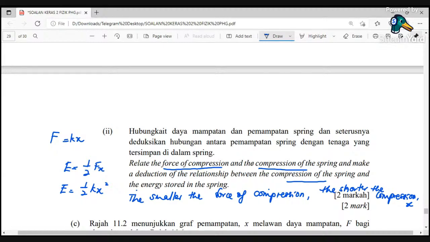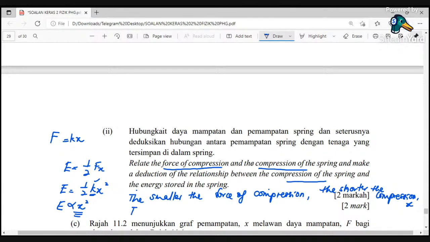Okay, between compression and energy stored. So dari sini, K adalah sama untuk 11.1B, 11.1C. So ini menunjukkan energy depends on X. Okay, so you nak relate between X and energy.